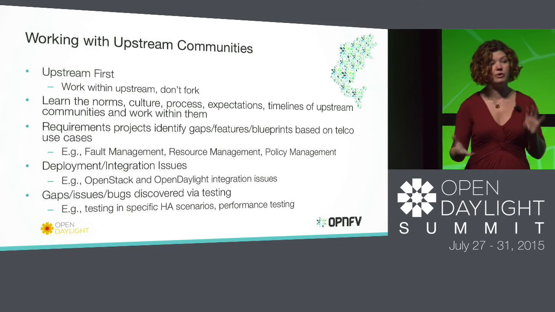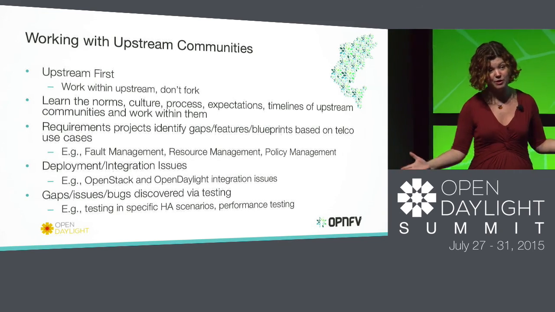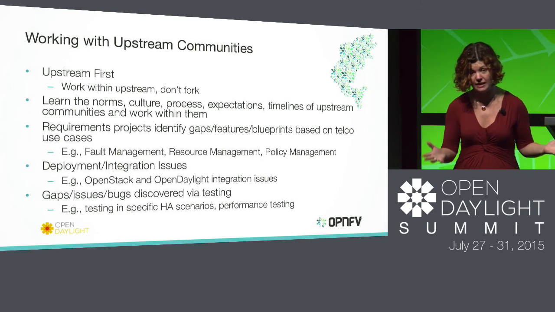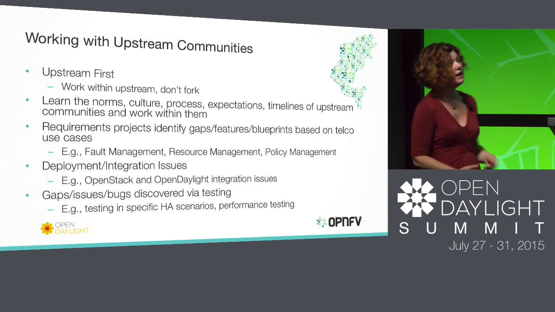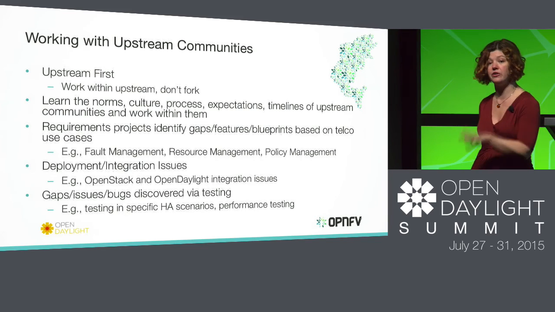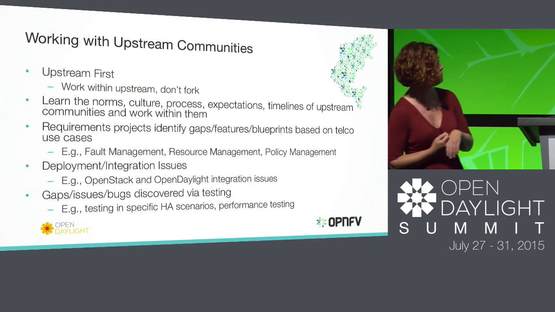So one of the things we really want to do is build really strong relationships with our upstream developers, and that includes our OpenDaylight community as well, and work upstream first, not fork, and learn the norms and culture so that we can participate productively when we collaborate with our upstream groups.